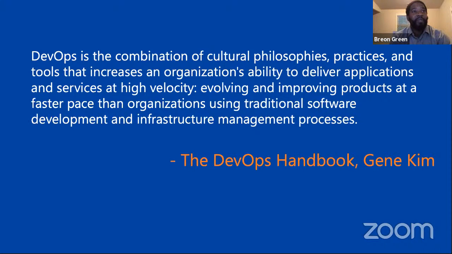So the DevOps Handbook, which is written by Gene Kim, who is one of the DevOps evangelists, which I'd recommend, talks about the definition of what DevOps is. And he says it's the combination of cultural philosophies, practices, and tools that increase an organization's ability to deliver applications and services at a high velocity. And that's really at the crux of what DevOps is.